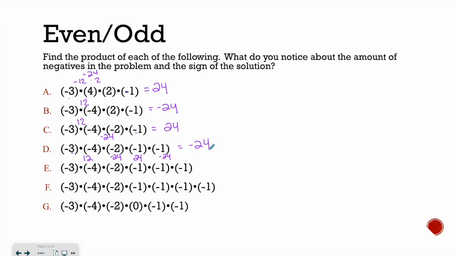Letter E, negative 3 times negative 4 is positive 12. Positive 12 times negative 2 gives me negative 24. Times negative 1 is positive 24. Times negative 1 is negative 24. Times negative 1 is positive 24.